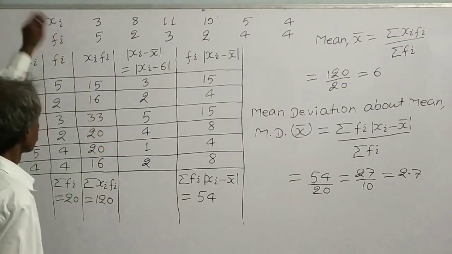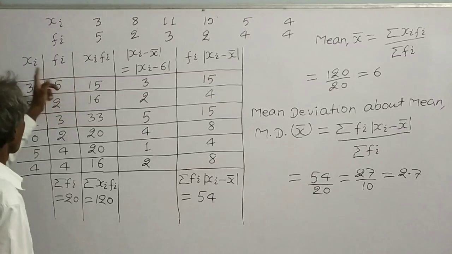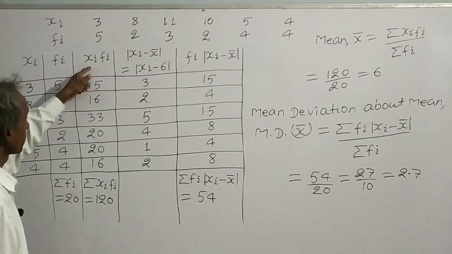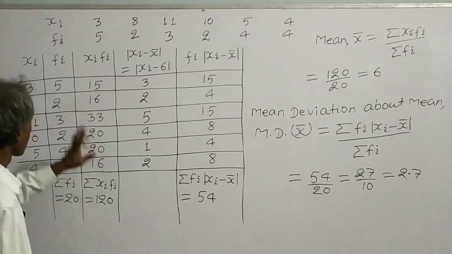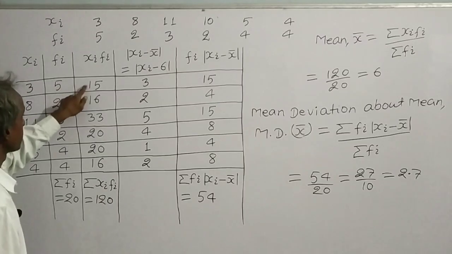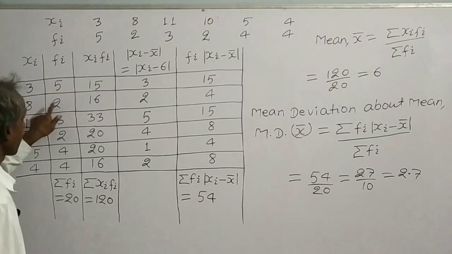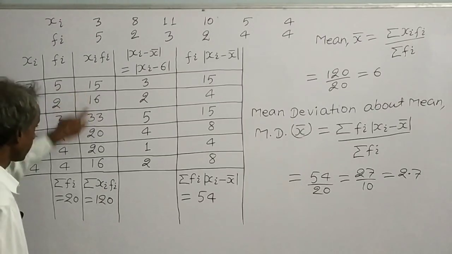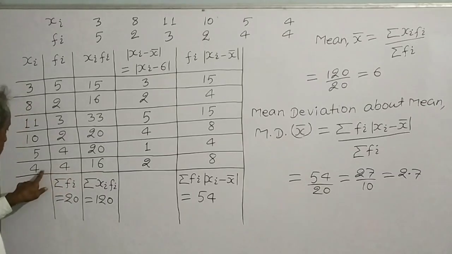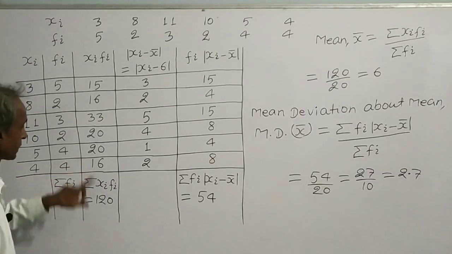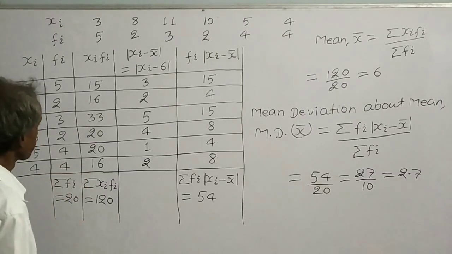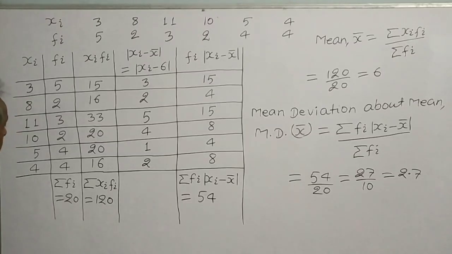Now we find the product of xi and fi and write in this column. 3 times 5 is equal to 15, 8 times 2 is equal to 16. In this way, up to here, 4 times 4 is equal to 16. Now we add all these fi from 5 to 4.